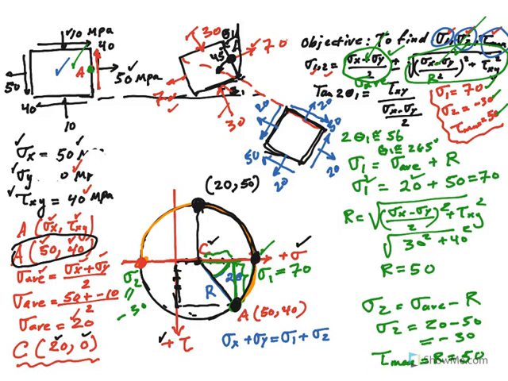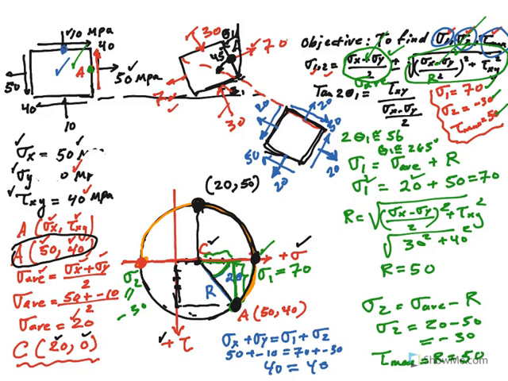So you see, we've done this before, nothing new. 50 minus a 10 is the same as 70 plus a minus 30. Notice also this sum of 40 that I got for you here, 40 equals 40, obviously also works here. 20 and 20 is what? 40. Okay, so for any 2 perpendicular planes, the sum of the normal stresses is an invariant.